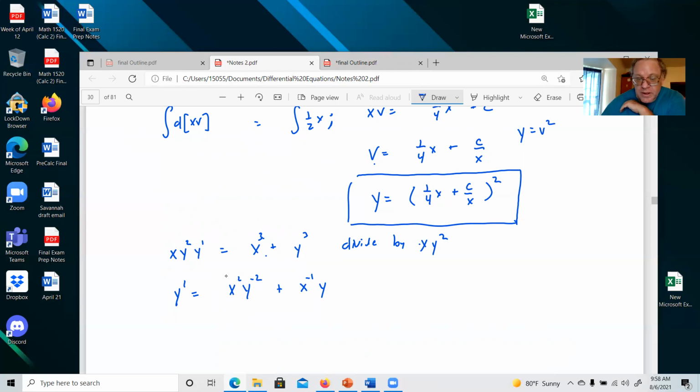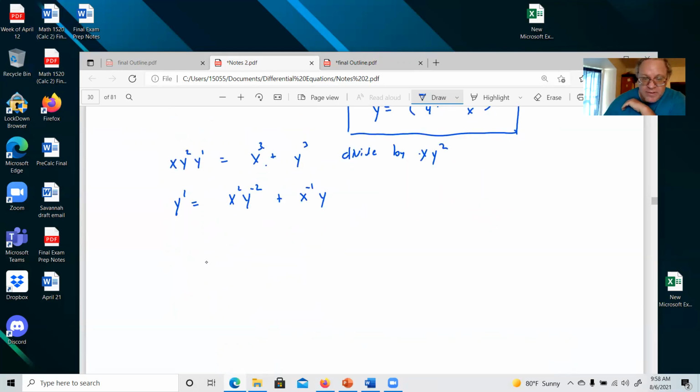Right? So let's go ahead and fix this together. So we have y prime minus 1 over x times y is equal to x squared y to the -2. Okay, there's my standard form.